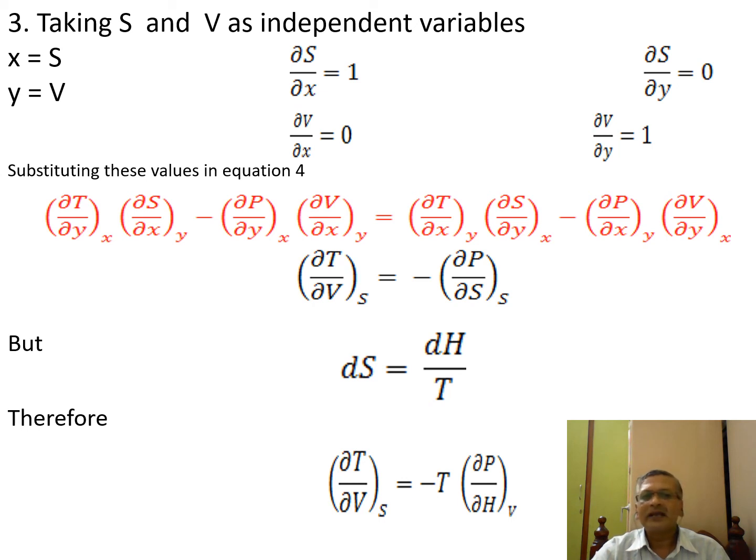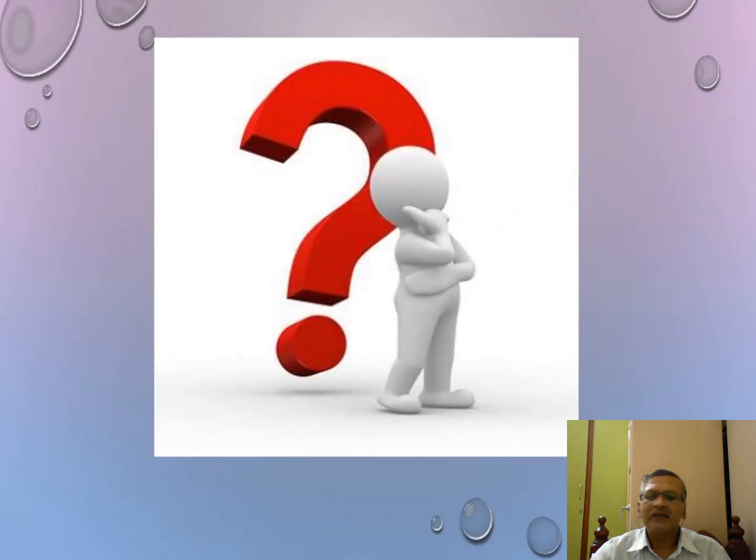Substituting in the generalized thermodynamical equation and substituting the values, we get ∂T upon ∂y, keeping s constant, equal to minus ∂p upon ∂s, keeping y constant. And we know the second law of thermodynamics as ds is equal to dh upon T. Substituting here, ∂T upon ∂v is equal to minus ∂p upon ∂h, keeping volume constant. So this is the third Maxwell's equation.